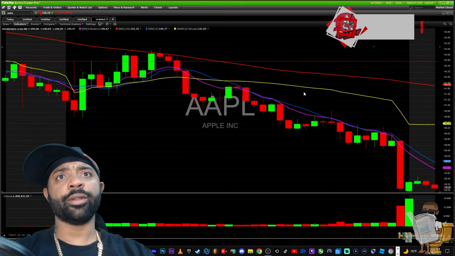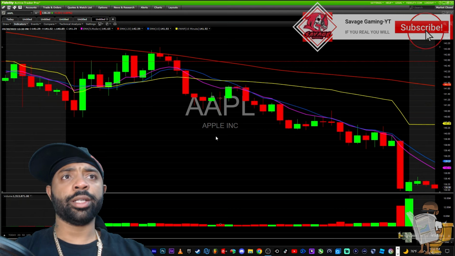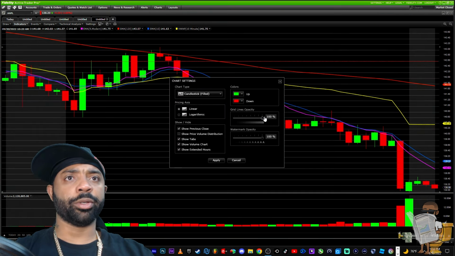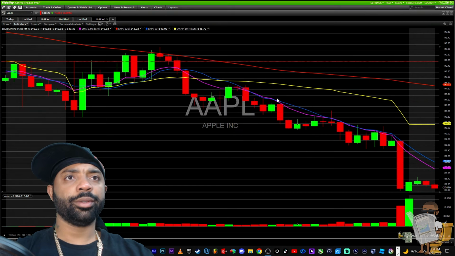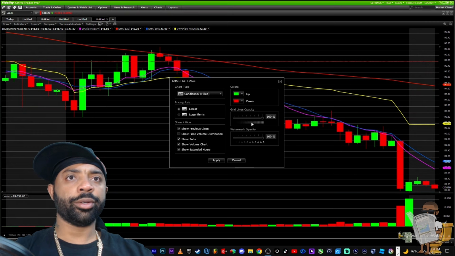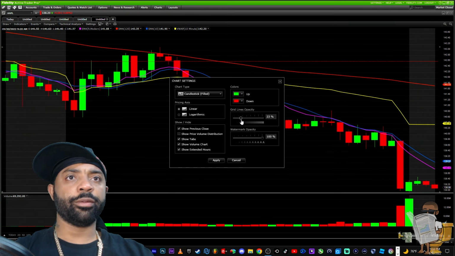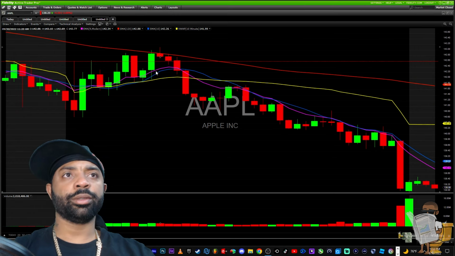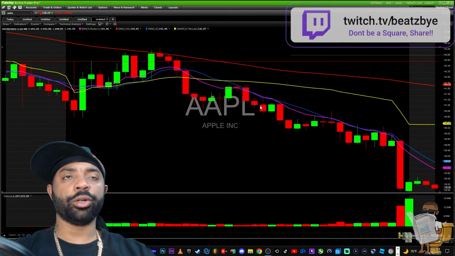That's why you can't really see the lines on my chart that much. I could bring up the grid lines if I want, but it just looks too busy like this. So from my day trading days, I don't really like to have the lines too prominent. You feel me? Because really, the less stuff you have on your chart, the better.